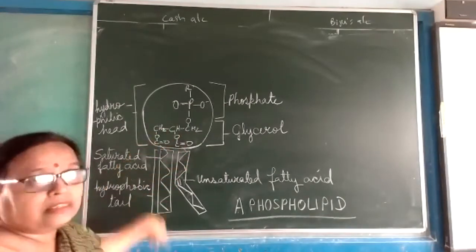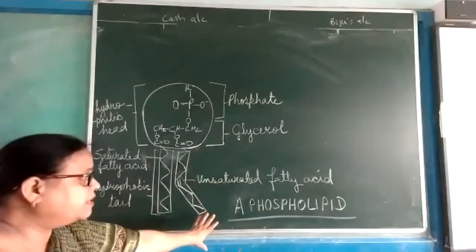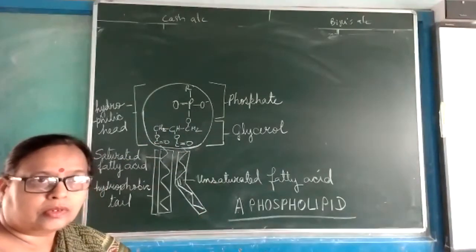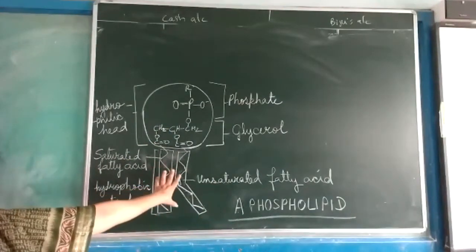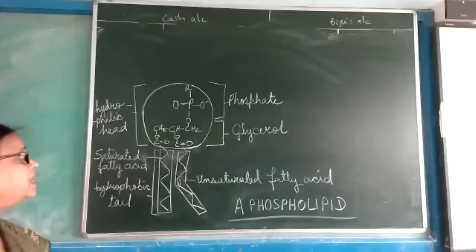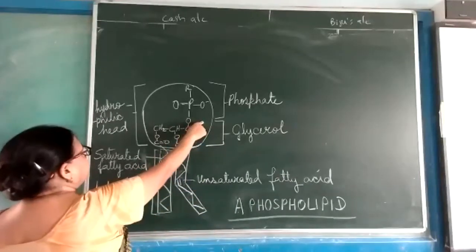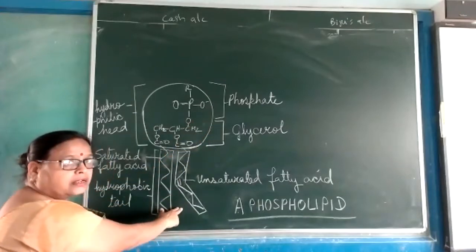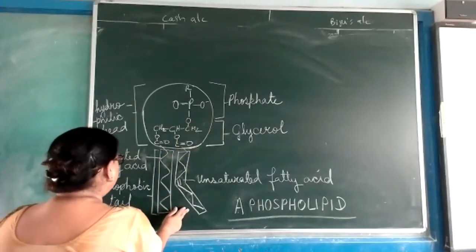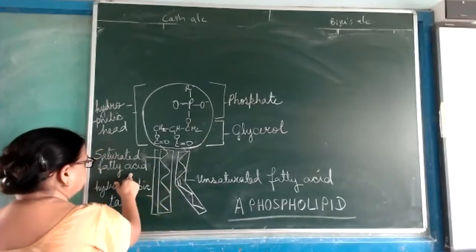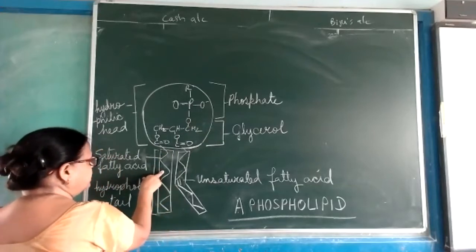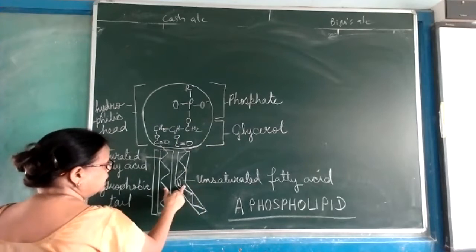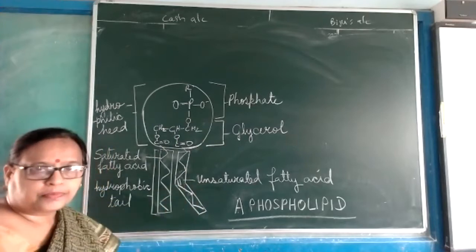So this is one single phospholipid molecule. It is made up of a hydrophilic head and hydrophobic tail. The hydrophobic tail is made up of saturated fatty acid and unsaturated fatty acid.